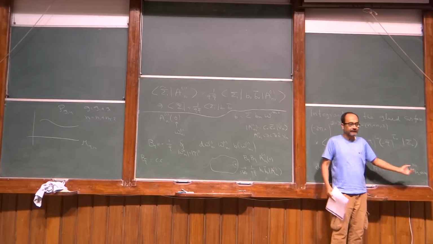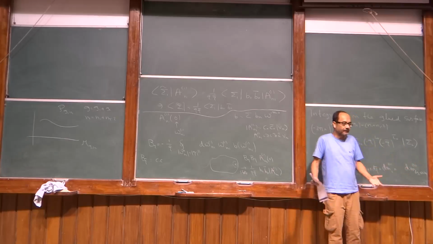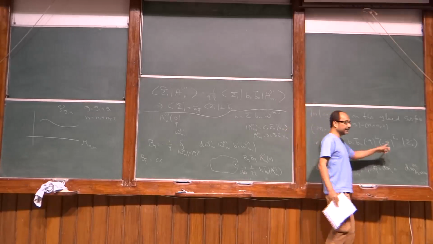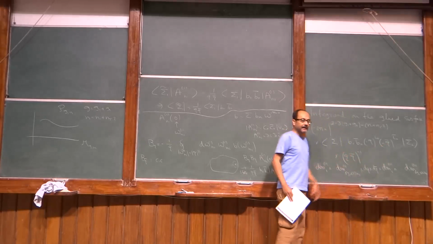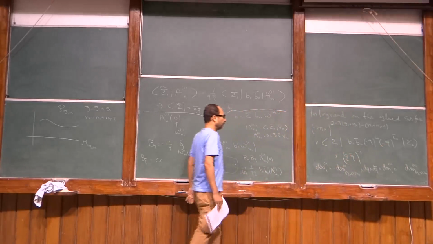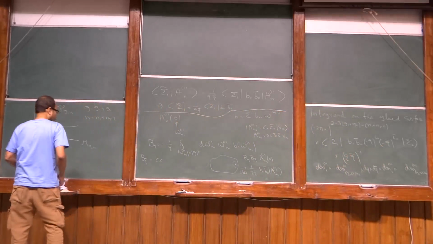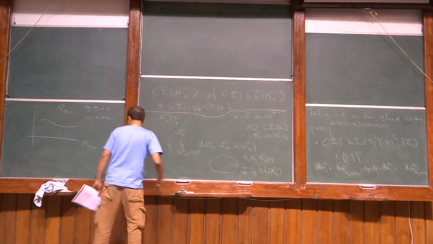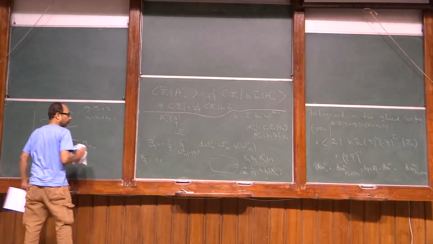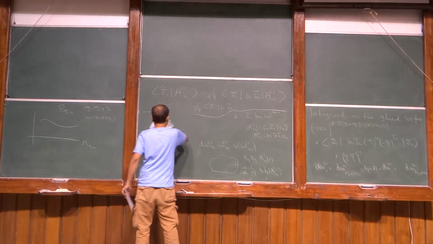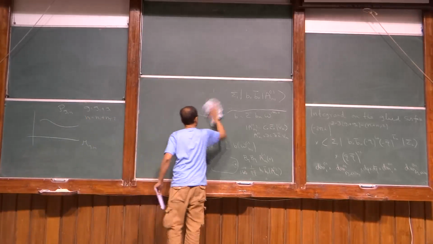It's not an individual correlation function of the small ones. But once you have written it as a state like this, now we can do the usual manipulation involving completeness. So what we are going to do now is to insert a complete set of states between these big states.